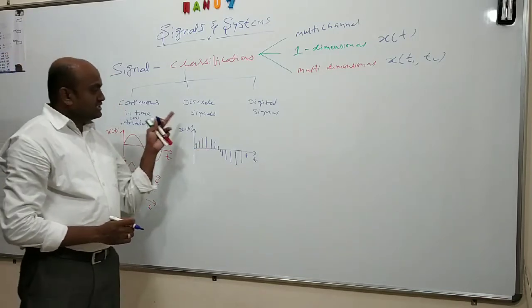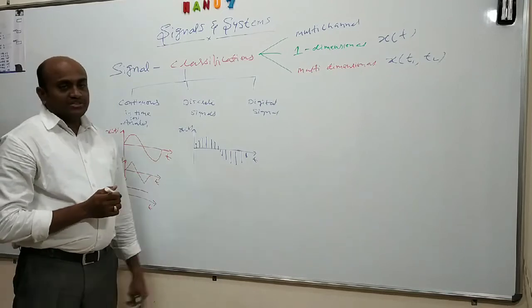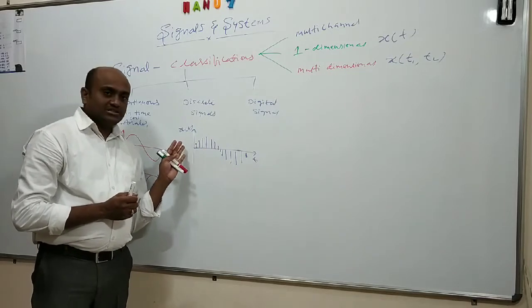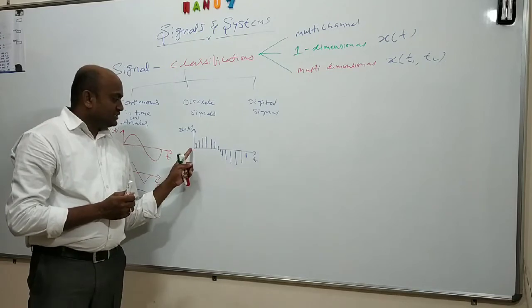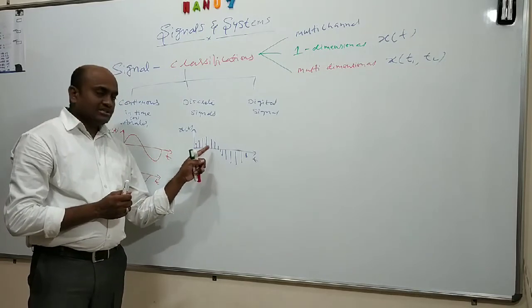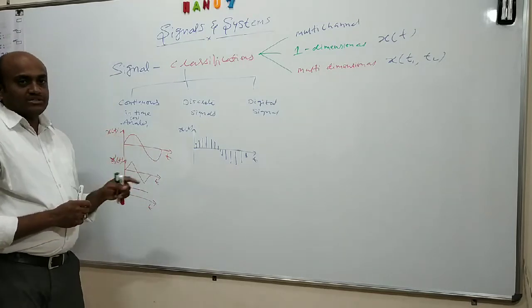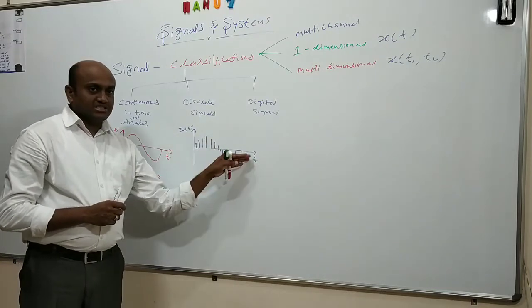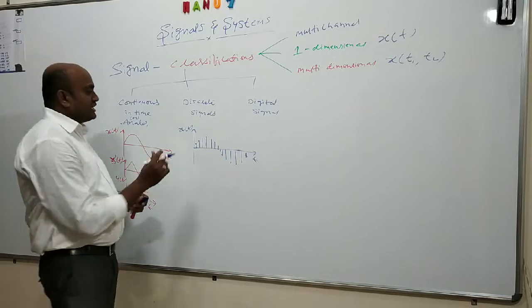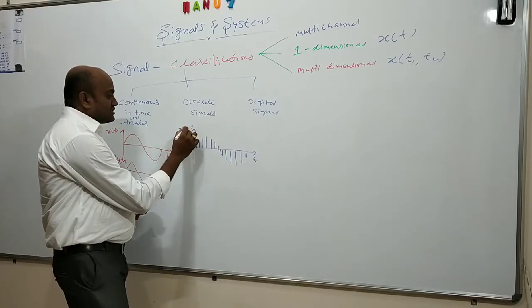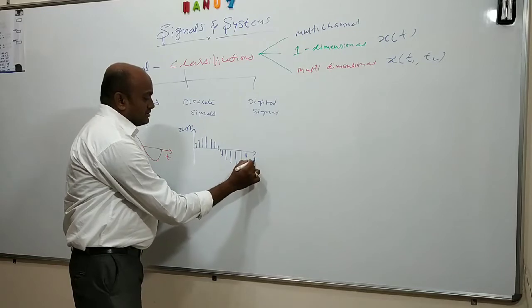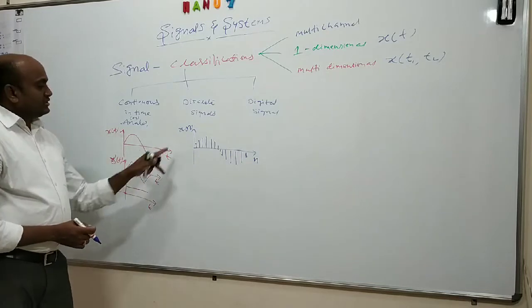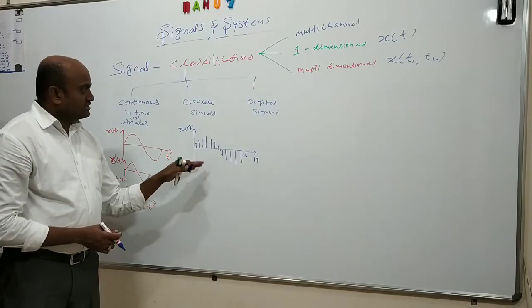So a discrete signal is a signal which is defined for discrete values of time, which are actually regular intervals of time. If it is 0, this is 1, then 2, 3, 4, like that. The difference between the samples is 1. So samples are defined at regular intervals of time. They are discrete, they are not continuous. Such a signal is called a discrete signal, and the notation will be x of n instead of x of t. The independent variable is represented as n here instead of t. So this type of signals are called discrete signals.